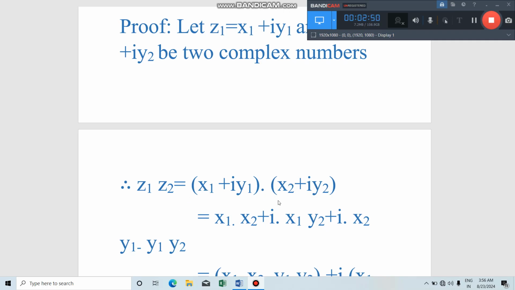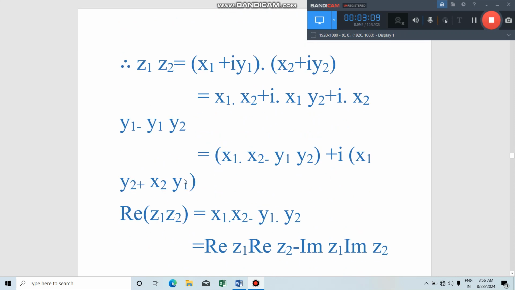So it will become x1 into x2 plus I x1 into y2 plus I y1 into x2 plus iy1 into iy2. It will become I square, so minus y1 into y2. Now x1 into x2 minus y1 into y2 plus I (x2 y1 plus x1 y2).